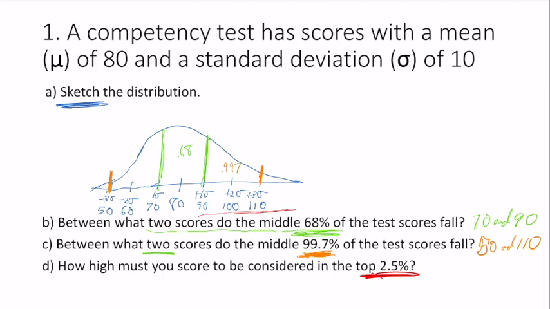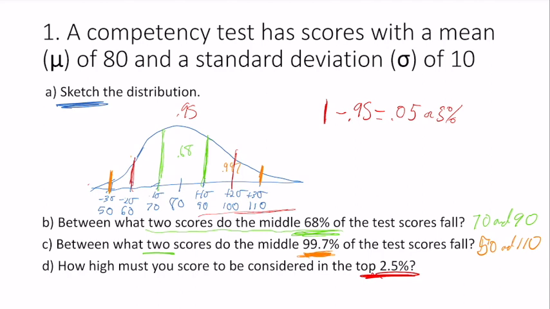Now, let's remember that within 2 standard deviations, I have 0.95 of data. So if I take my total area under my normal curve, which is 1, minus 0.95, that's going to give me 0.05 area, or 5% of data is left.